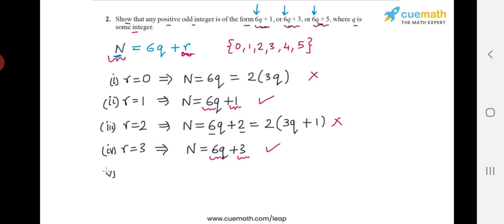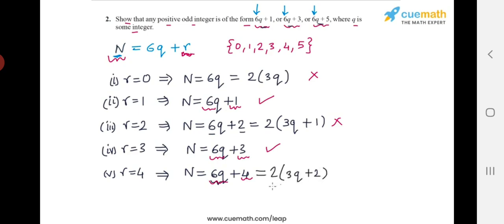Then let's take r is equal to 4, the fifth case, and in this case n is equal to 6q plus 4. Again, we can see that this is the sum of an even and an even number, so it should be even. Or the other way to think about this is, take out a common factor of 2 and you're left with 3q plus 2.